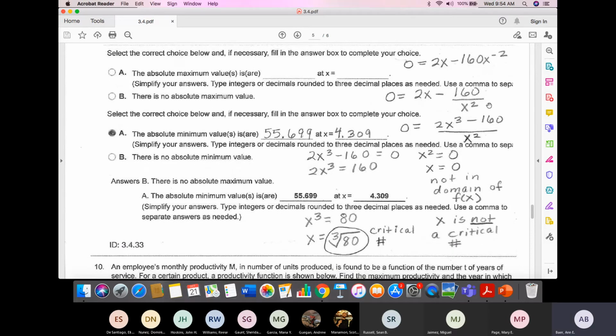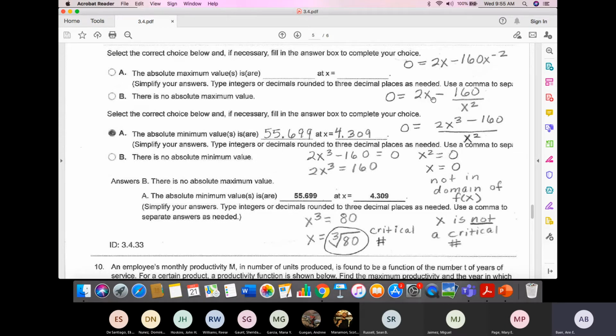Then I looked at this and said, well, let's get a common denominator. I want x squared in this denominator right here. So how do we get x squared in that denominator? We can put it there, but then we also have to put the x squared in the numerator, because we're really then multiplying by 1. So I multiply top and bottom of this term only by x squared.